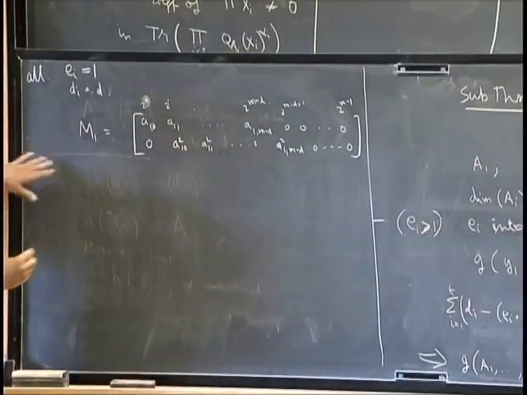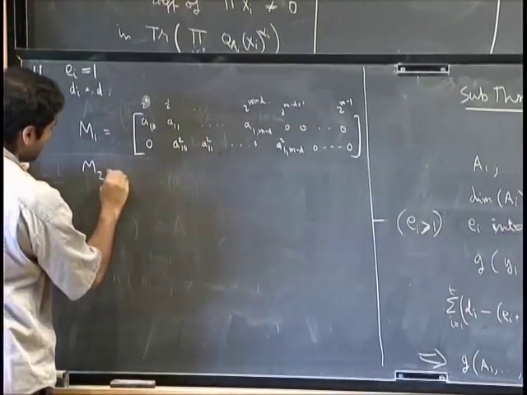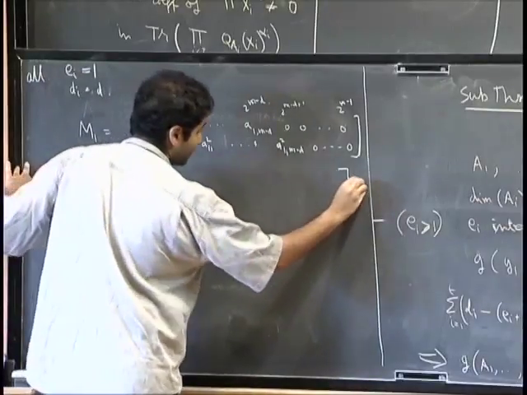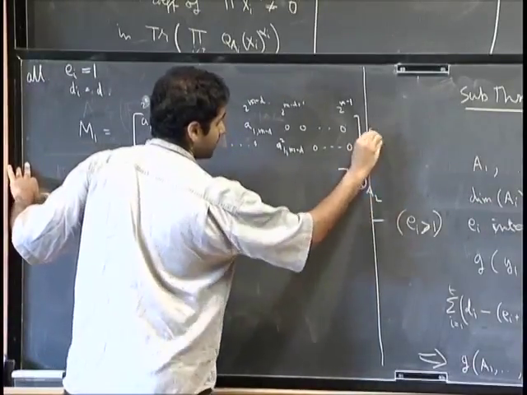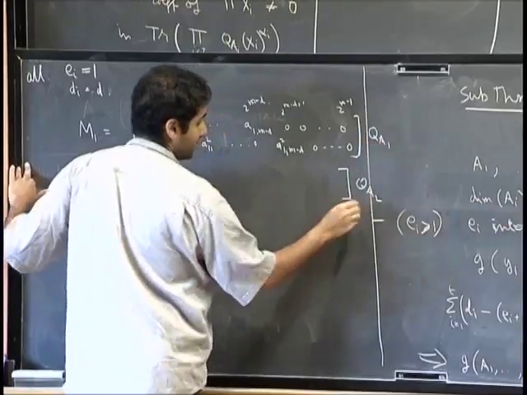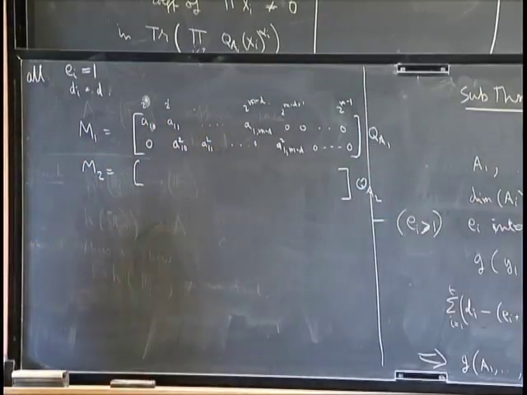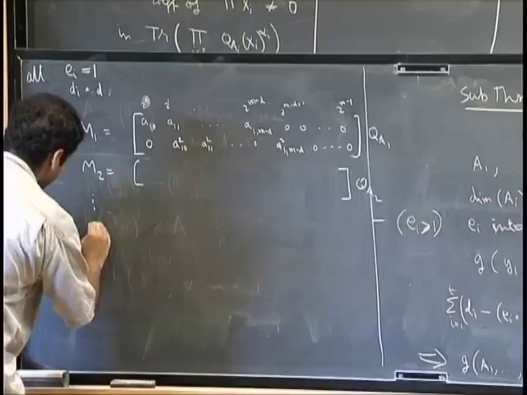So that is the matrix M1. Similarly, M2: you do the same thing with the coefficients of QA2. Here I took the coefficients of QA1, here I take the coefficients of QA2, etc., and all the way down to MT.